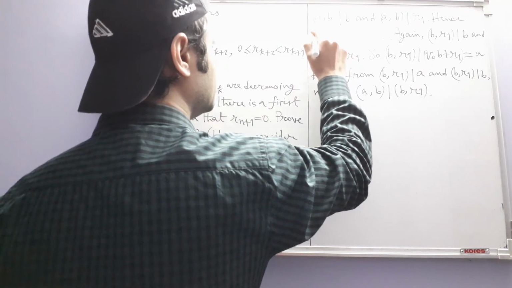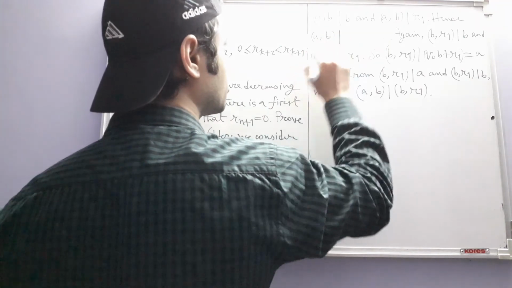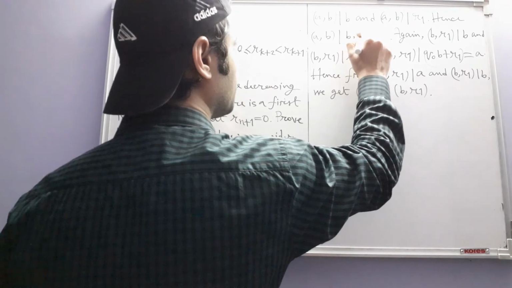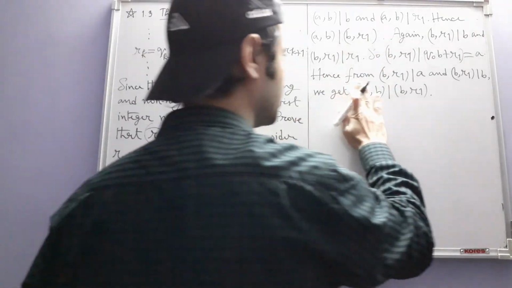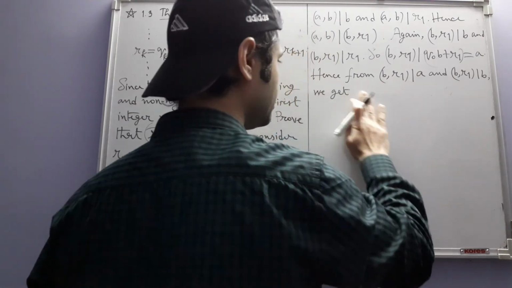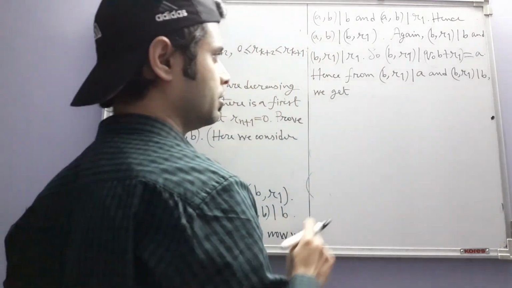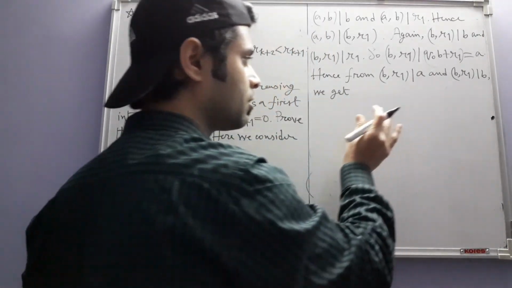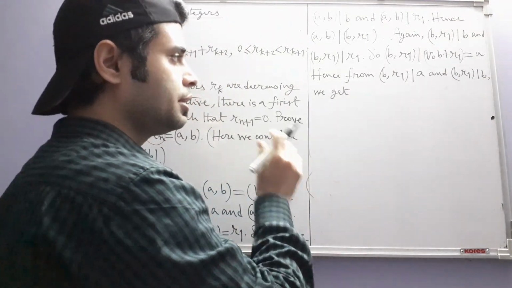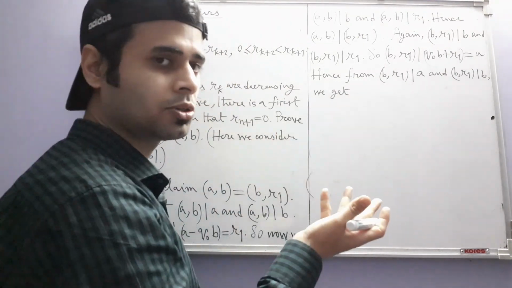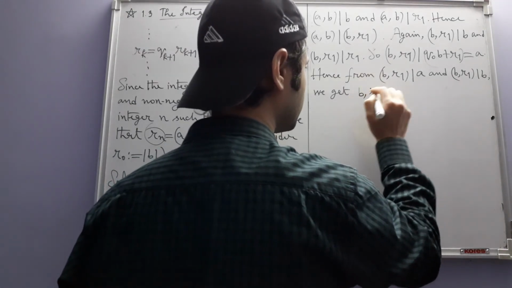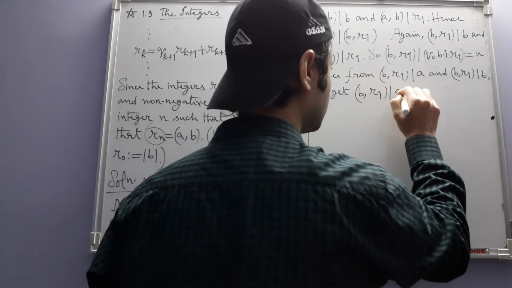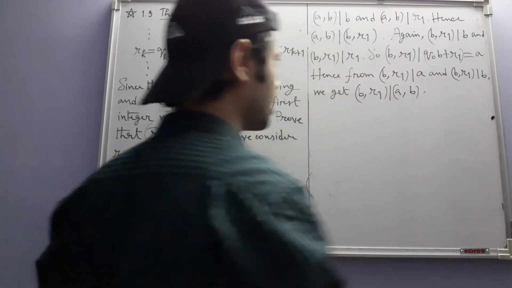Okay, this is a very lackluster mistake. Sorry about this. And just like that, here we will have the opposite relation. This is a common divisor of A and B, so it has to divide the greatest common divisor of A and B. Now I have it right.